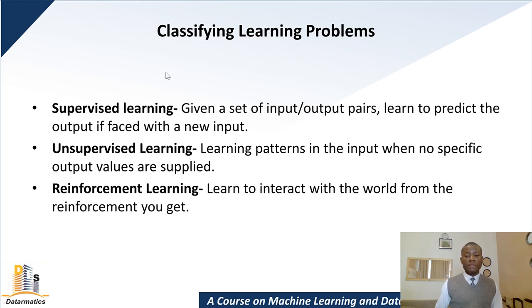In traditional statistics, we say dependent and independent variables. Here we learn to predict the output when faced with new input. So you have X1 and X2. What is Y? You apply the function that relates the two. But in machine learning, you are not going to be given these functions. You are going to make sense out of the data set.